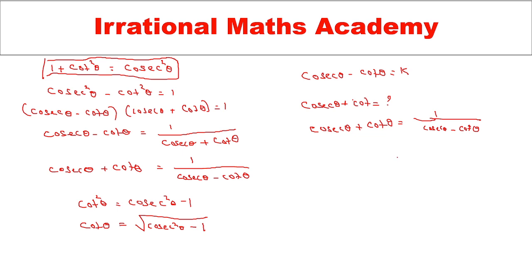Clear? So we already know 1 by cosecant theta minus cot theta value. Is it clear? This is an example problem.